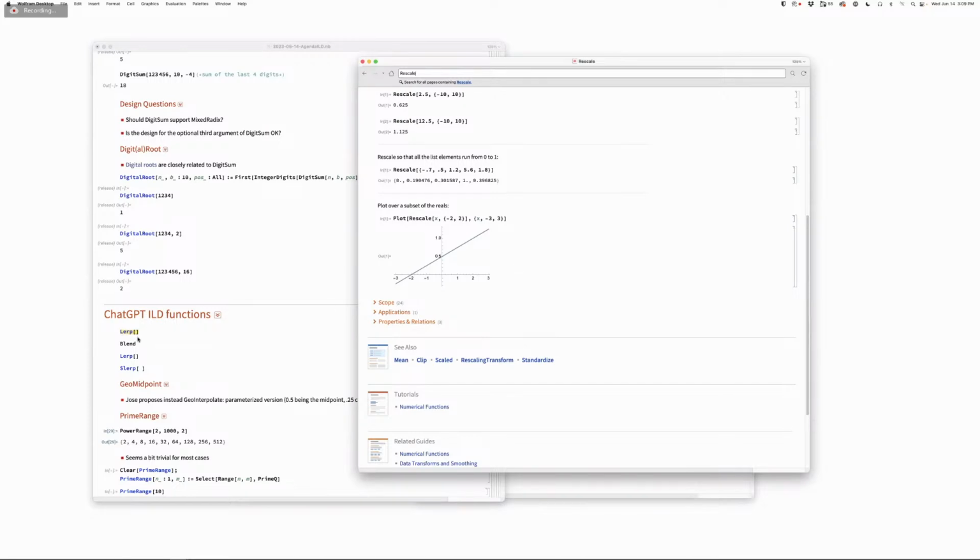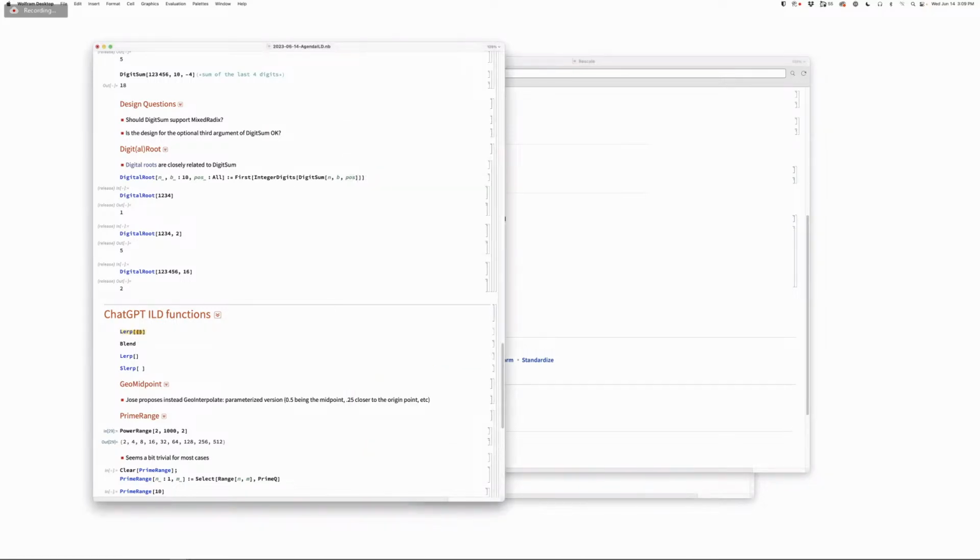Look, I've wanted this function a zillion times where you go, I've got one point, I've got another point, and I want to go a fraction x of the way from one point to the other. I've never heard the term LERP. Maybe I'm just out of date.